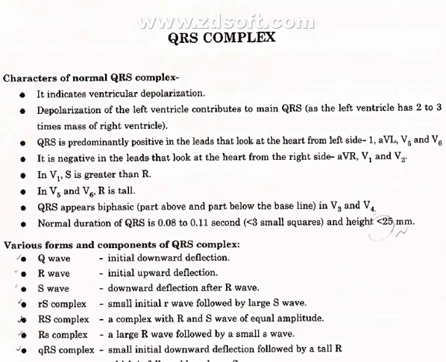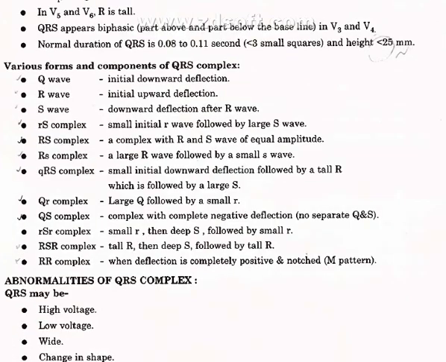In V1, S is greater than R. In V5 and V6, R is tall. QRS appears biphasic, part above and part below the baseline, in V3 and V4. Normal duration of QRS is 0.08 to 0.11 second, that is less than 3 small squares, and height is less than 25 millimeter.